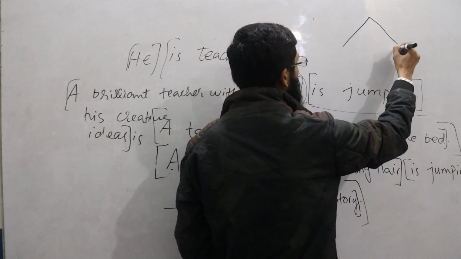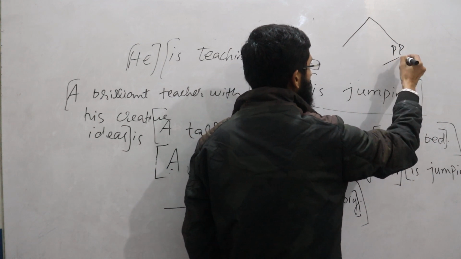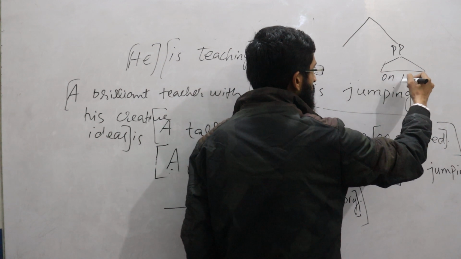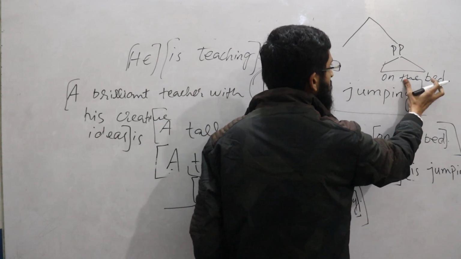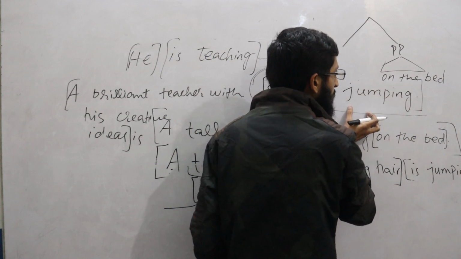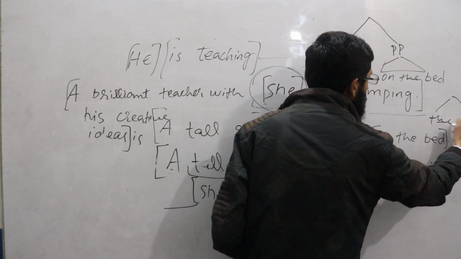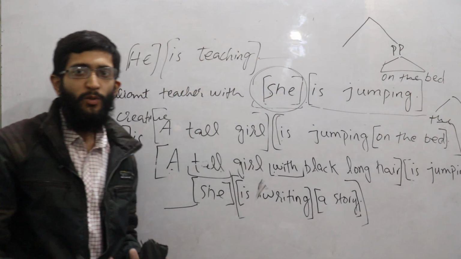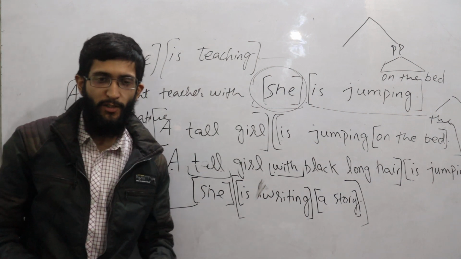Here is PP. What is PP? Yes, prepositional phrase. On the bed. Even that can further be divided into on, and the bed can be separated like this. Well, this is not the topic here. I'm not going to explain the tree diagrams for this lecture.